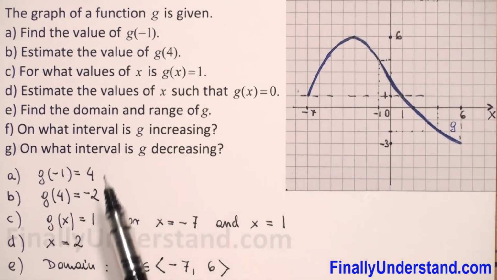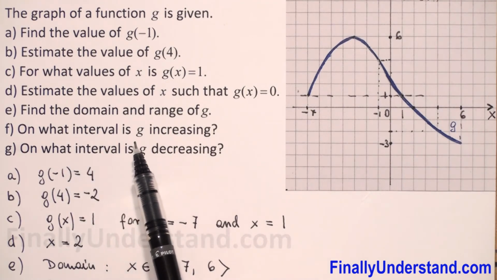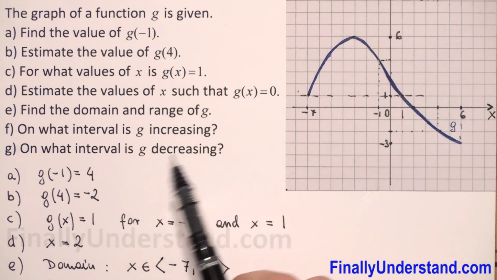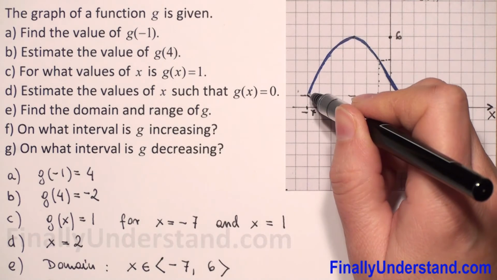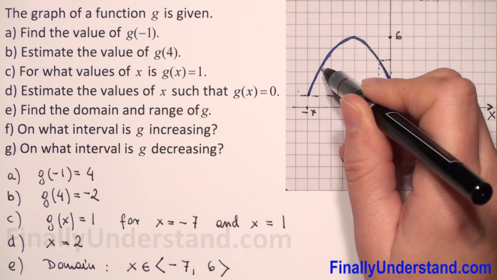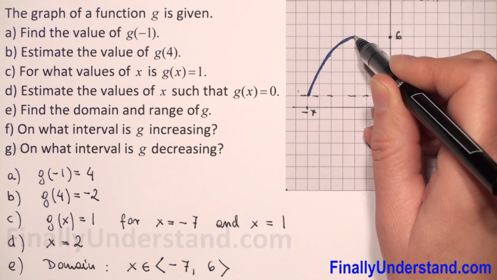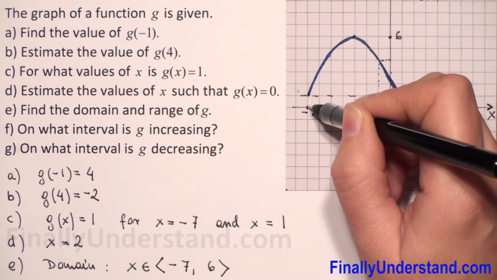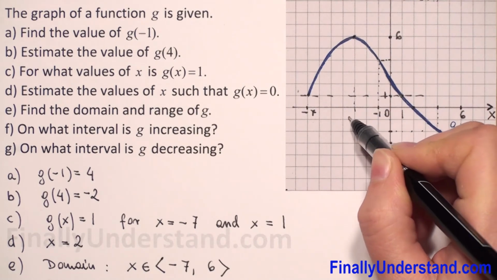Now we have to find the interval where our g function is increasing. When we have to find where a function is increasing or decreasing, we have to just walk on our graph. We see when we are on this point, we're going up, up, up until this point. So we can say that our function from -7 to that point, let me read this, will be -1, -2, -3.